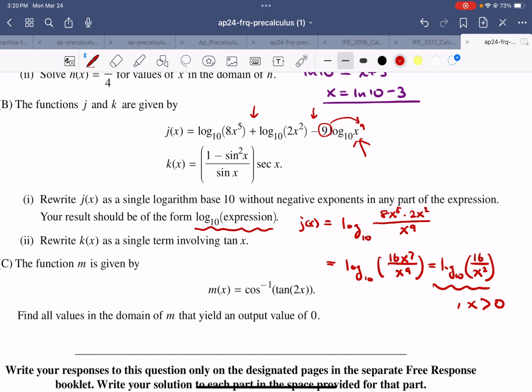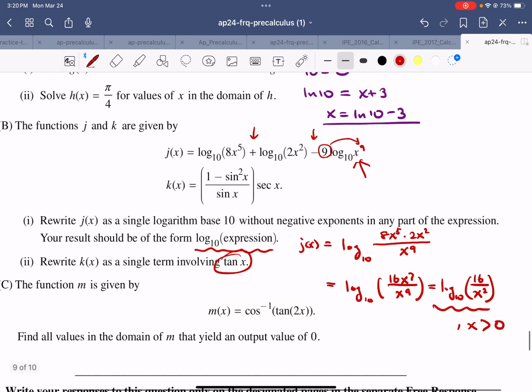All right, second one, k of x is a single term involving tangent x. Okay, so this one, how are you going to make it? One of the Pythagorean identities you should remember: sine squared x plus cosine squared x is 1. So if you subtract sine squared from both sides, then cosine squared x is 1 minus sine squared x. So I'm going to replace this for cosine squared x.